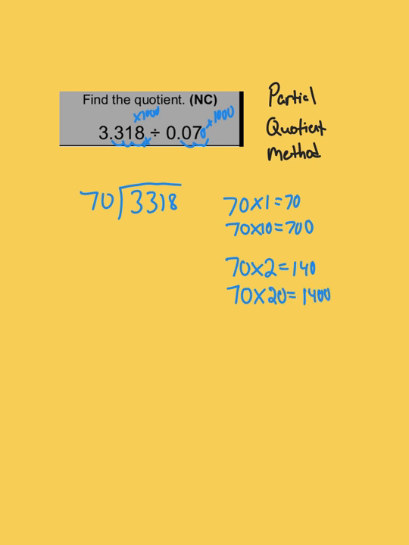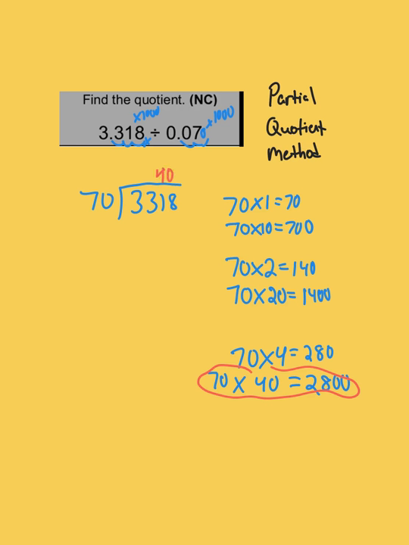Now I can continue doing that, or I might say, for example, if I know 70 times 4 is 280, then 70 times 40 is 2,800. So I'm going to start by using this fact here. 70 is going to go into 3,318 40 times, and I'm going to get 2,800.